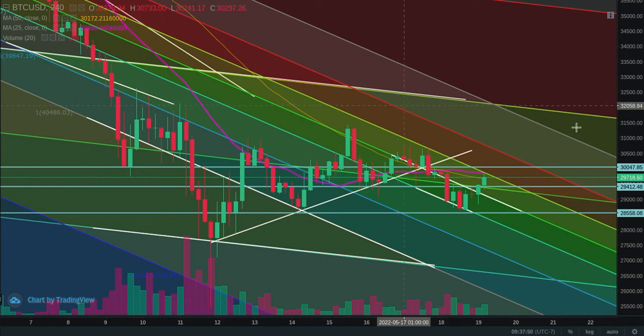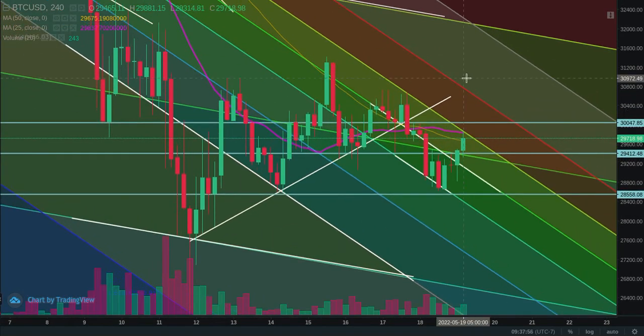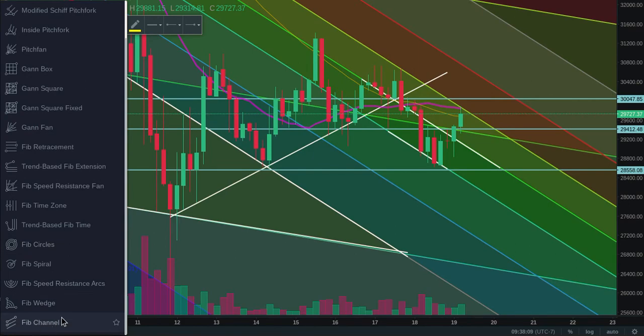So as you guys can see, this is why I like this chart so much, because it actually gives perfect support and resistance. If you guys don't know what this is, it's the fib channel, just so you know.